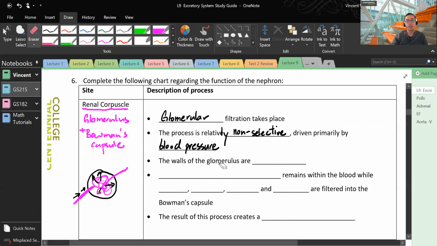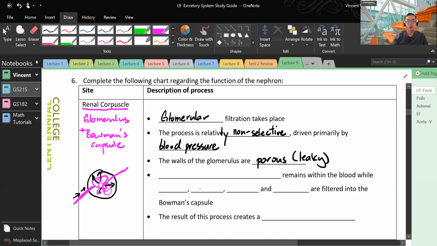The walls of the glomerulus and the walls of these capillary structures are porous. Okay, which means leaky. So if you have high pressure squeezing fluid through a leaky wall, stuff is going to be coming out, right? So all that stuff that comes out will be filtered into the Bowman's capsule.